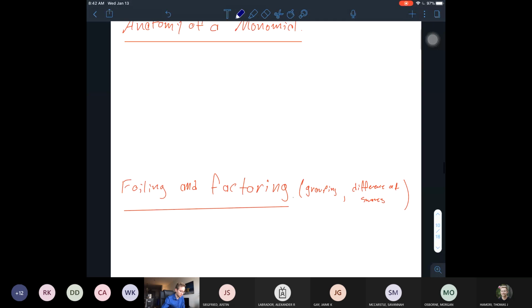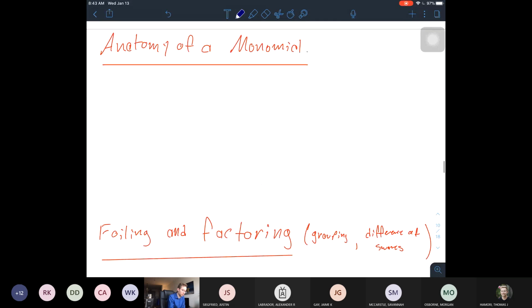Okay, we'll do the anatomy of a monomial. I already kind of did this with the polynomial, but we'll have something like a x to the p. This is a monomial. Monomial means one term.